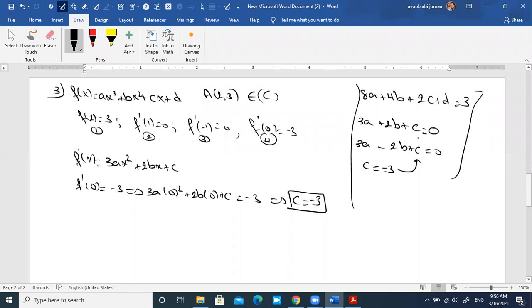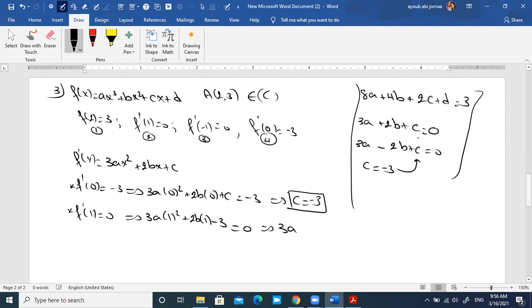So now c is equal to negative 3, and you can replace c by negative 3. Now f prime of 1 equals 0. This means that 3a times 1 squared plus 2b times 1 plus c, which is negative 3, equals 0.